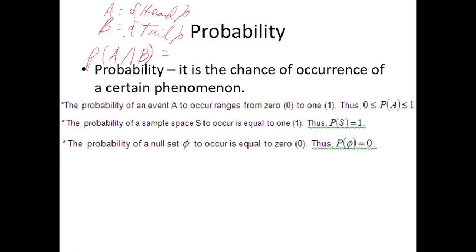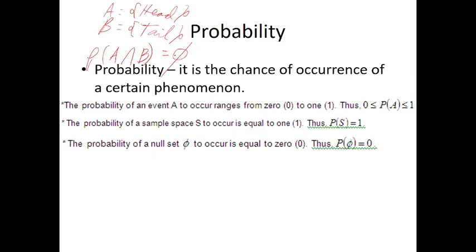Okay? So, ano yung chance na mangyayari pareho? Imposible, right? Imposible na pag nag-toss ako ng coin, litaw pareho head and tail. May common outcome ba? Wala. So, ang probability niyan ay 0.